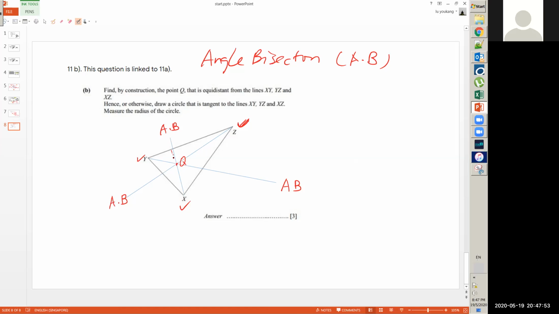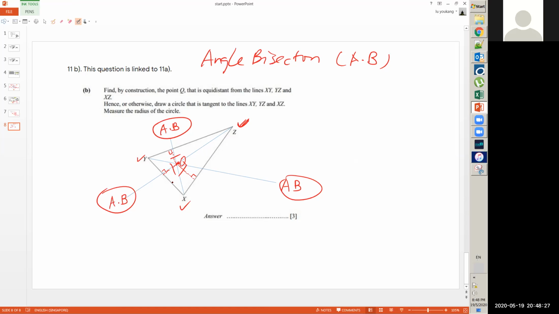So 90 degrees, 90 degrees, and over here you can see it's not very accurate. The reason is I'm using freehand. But if you really follow closely to find the angle bisector of each angle, you will end up with a point that gives you an equal distance to all the sides.